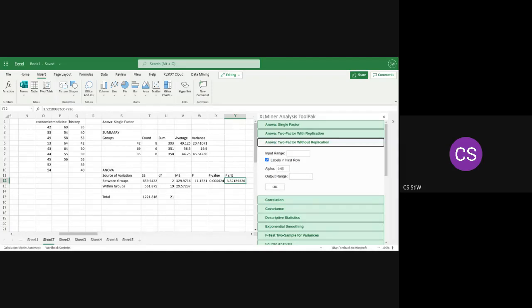Daudi, we don't conclude that. If your F is greater than the F critical, you reject the null hypothesis. You don't say it is the null hypothesis. The null hypothesis is what you're comparing your research against.